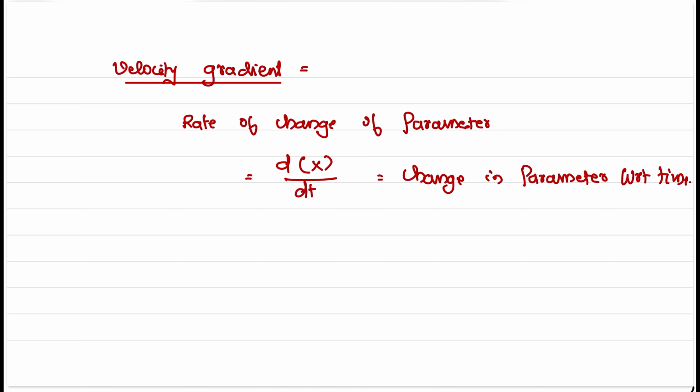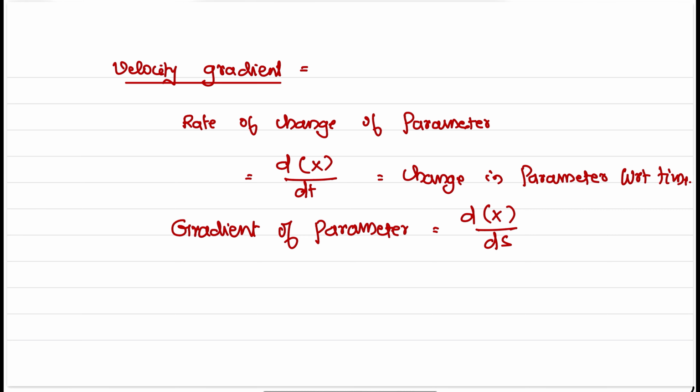There may be instances where we do not have change in parameter with respect to time. Then there will be gradient of parameter. What is that gradient of parameter? dx by ds, where s is the spatial distance, that is equal to change in parameter.